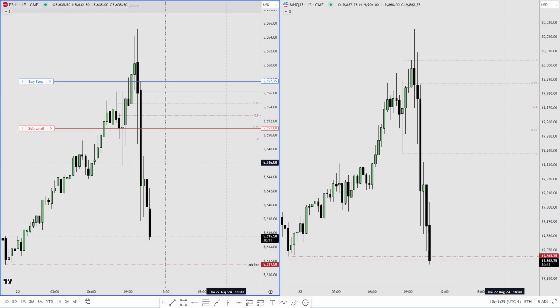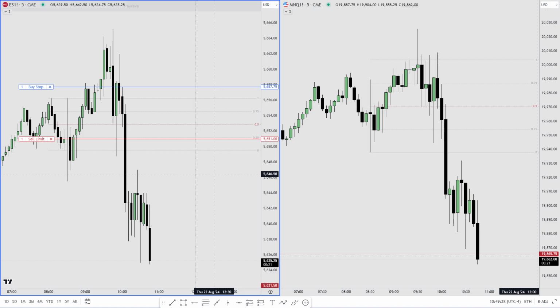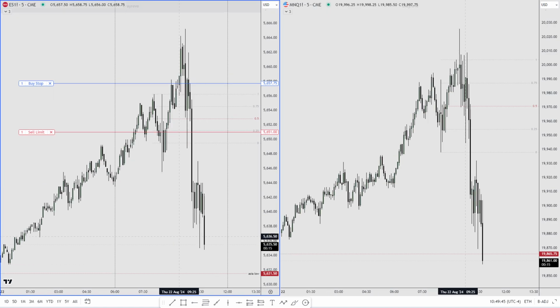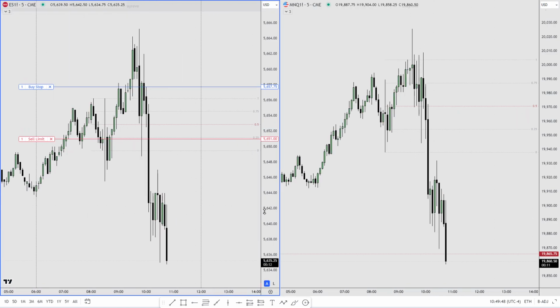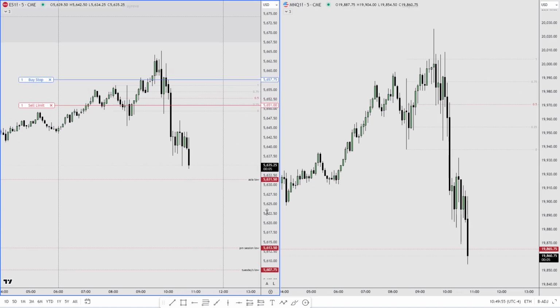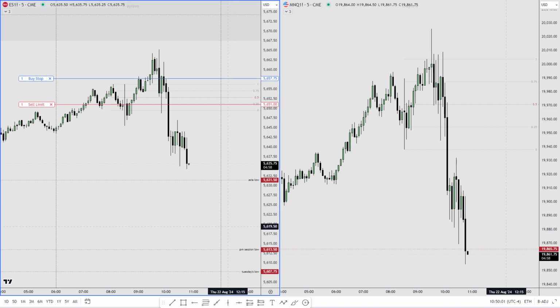Yep, NQ has reached the target. I will have to wait for the hourly close for now, most likely.